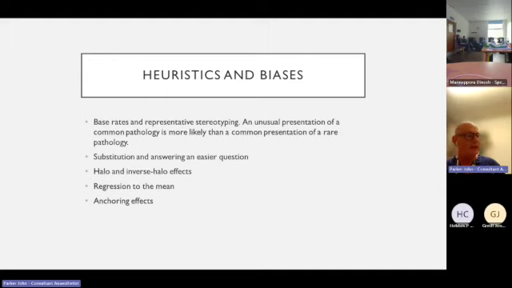Regression to the mean, obviously anyone involved in research, as we all are, or analysing research will know this. Could I give an example of that? A few years ago, a single centre study came out advocating the use of vitamin C in patients with sepsis, that it would halve mortality or something stupid like that.